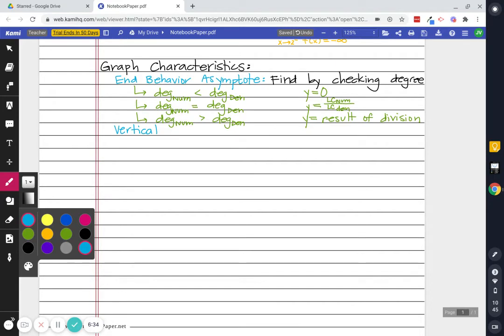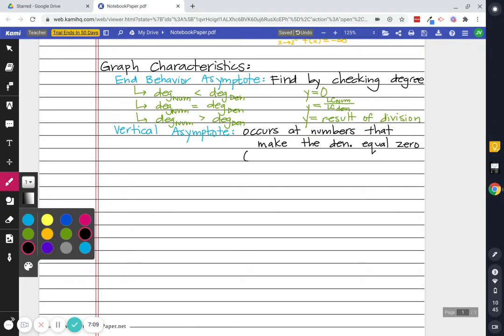If we're talking horizontal, we should talk vertical. Vertical asymptote. Vertical asymptote occurs at numbers, x values, that make the denominator equal 0.